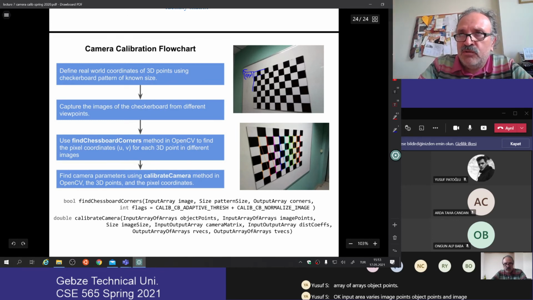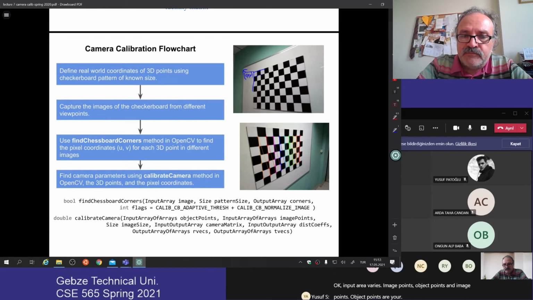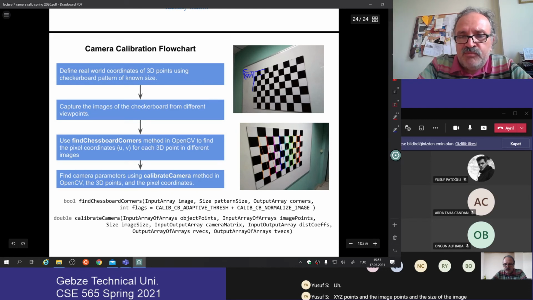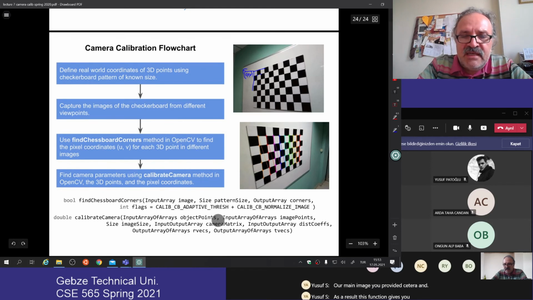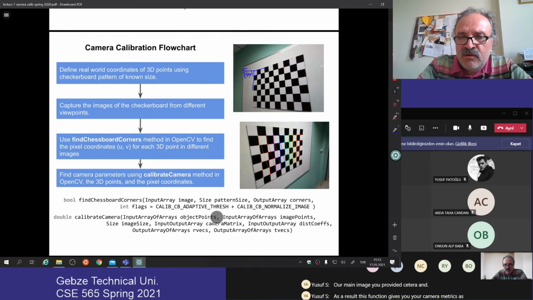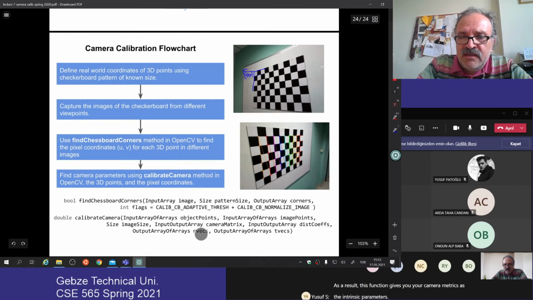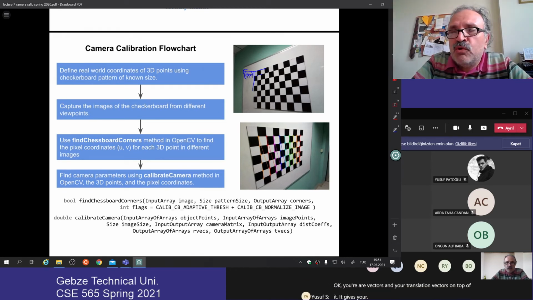Object points are your XYZ points, and the image points, and the size of the image, how many images you provide, etc. As a result, this function gives you your camera matrix as the intrinsic parameters, your R vector and your translation vector. On top of it, it gives you your distortion coefficients.